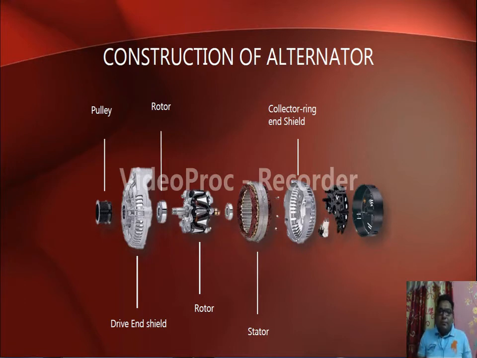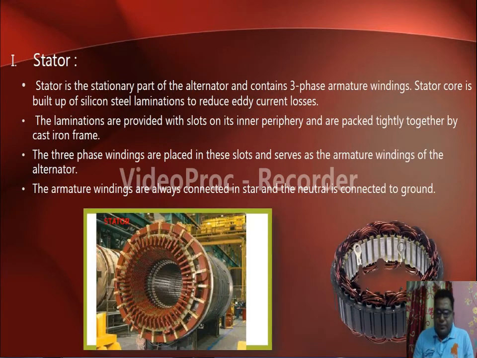So to reduce the power needed for running the alternator, we have done this. The point to remember is that in an alternator the armature winding is at the stationary section. That means at the stator we have the armature winding, and at the rotor we have the magnetic poles or the field winding, correct? So this we have to remember.